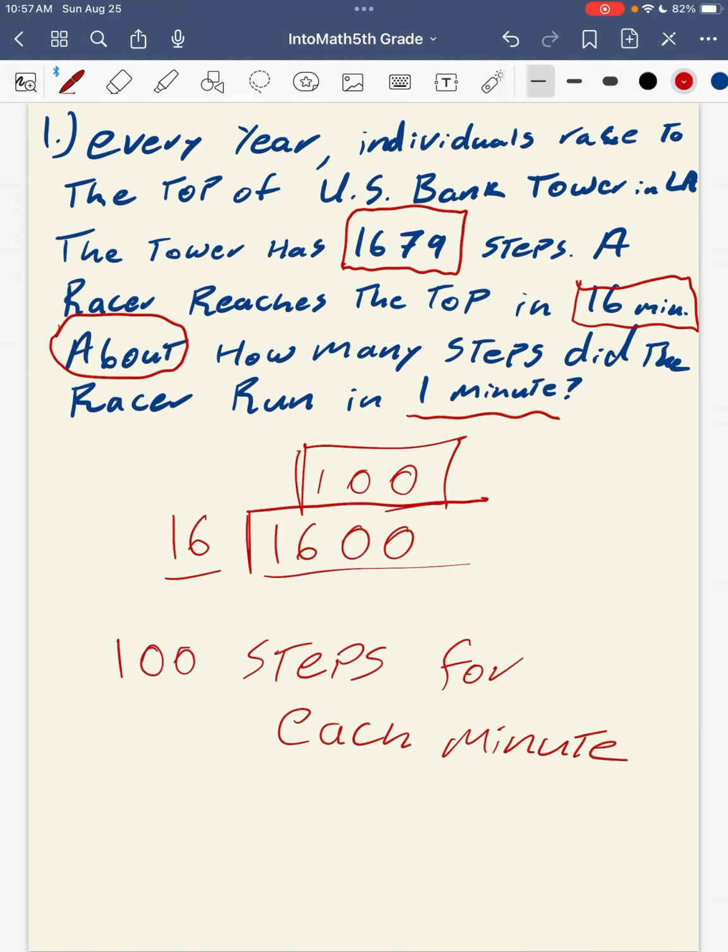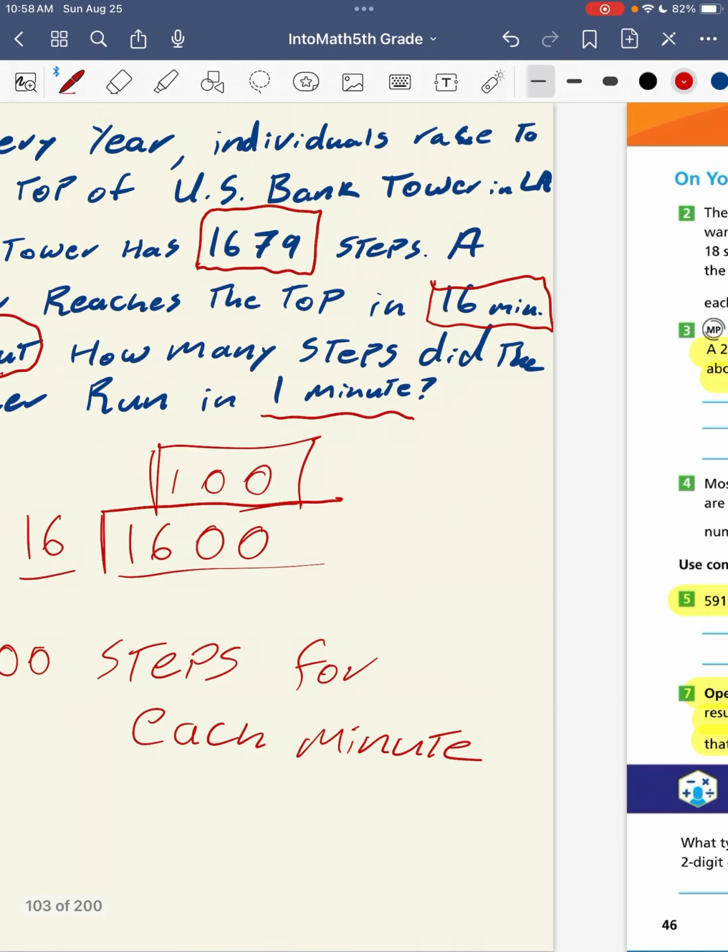I did not need to find my actual quotient for this problem, as the keyword about said I needed to estimate. And while typically we would round up to 1,700, I'm using comparable numbers, numbers that are multiples or look better when we are just estimating a quick idea of what number we could be getting close to when we actually divide this out.